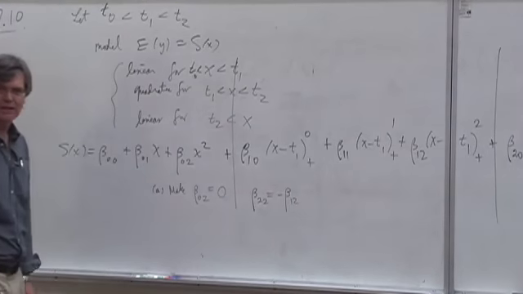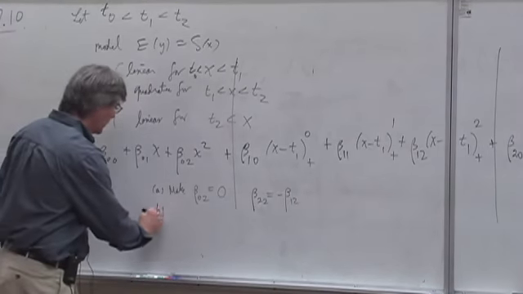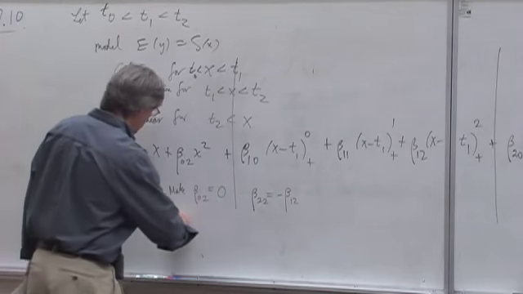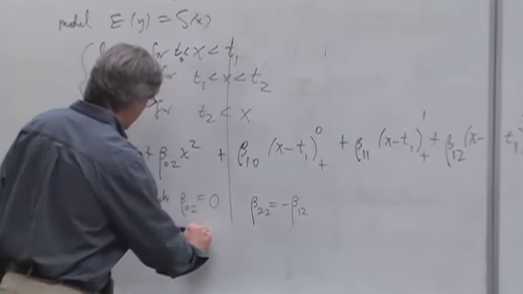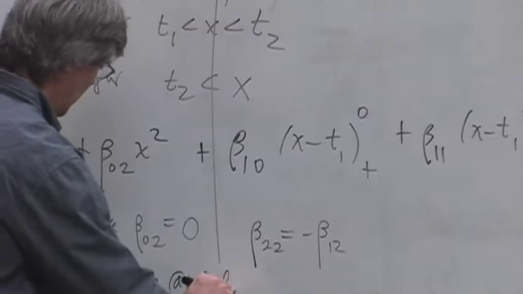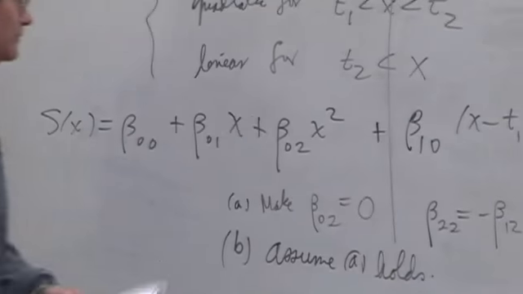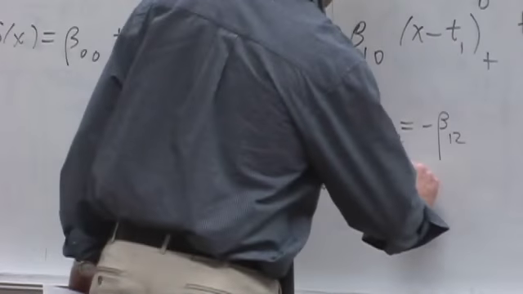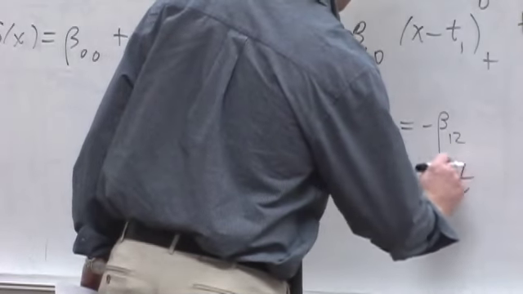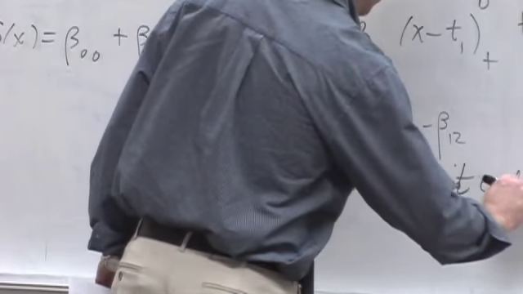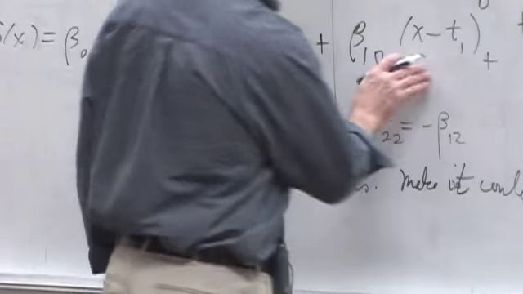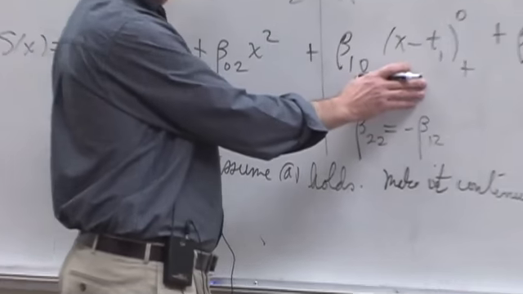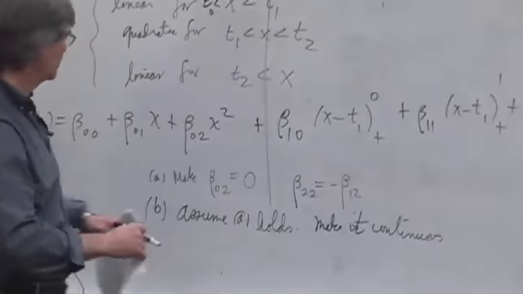Now how do I make it continuous? So now assume A holds. Make it continuous. Get rid of the not term. This term is how much the function jumps by. This would be a discontinuity. So beta 10 would be the jump.